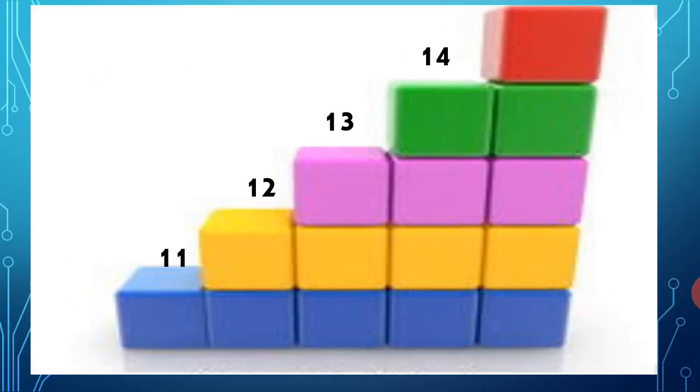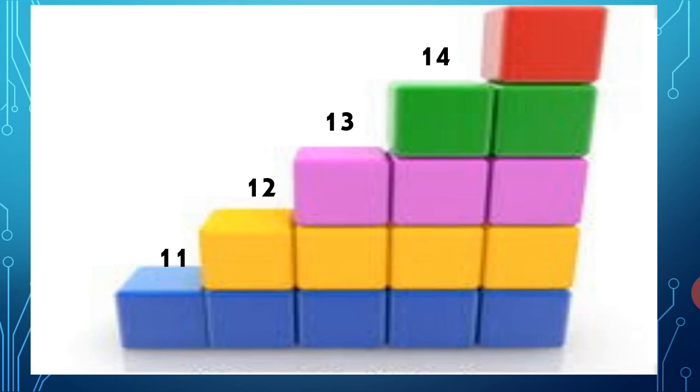Now students, even over here there are some blocks given. The first block is smaller, that is, number 11 is given on that block. After 11 comes 12. So 12 is larger than 11. Then after 12 comes 13. So 13 is larger than 12.